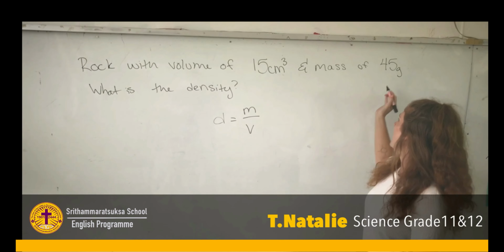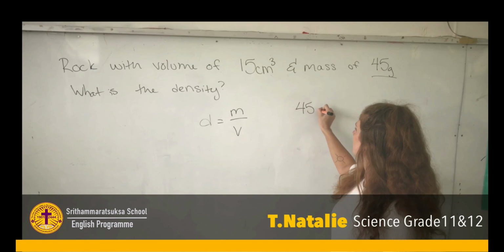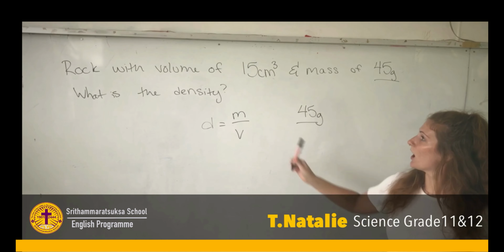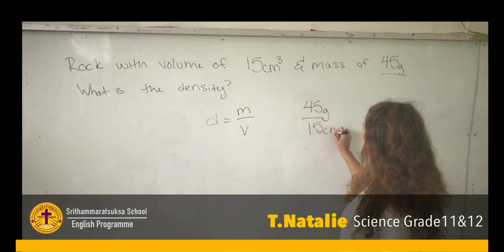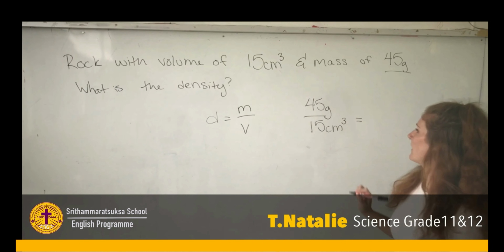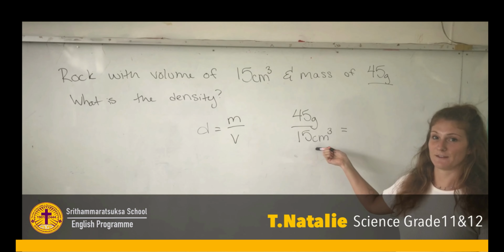So, we know our mass is 45 and our volume is 15. That means that our density will be 45 divided by 15.